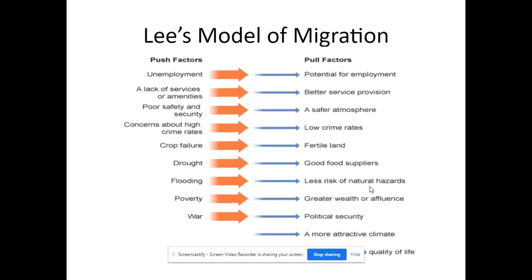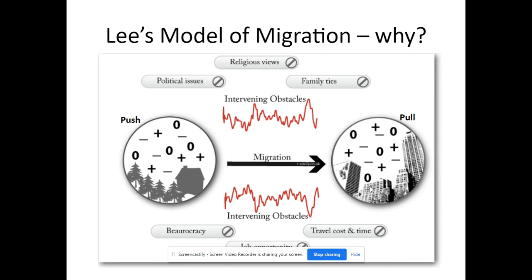But in this model of movement, which seems pretty straightforward here, Lee saw migration as really like a chemistry equation. So the pluses and minuses are all the reasons you might go, you might not go, and there's things holding you back. That's a pull factor. There's things pushing you to go. That's a push factor. So I usually use an example of trying to decide, are you going to go to Monarch or are you going to go to Fairview, and there's pluses and minuses on each side.